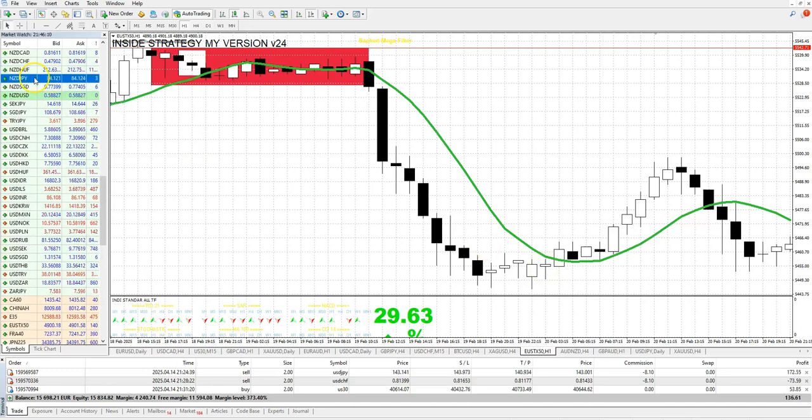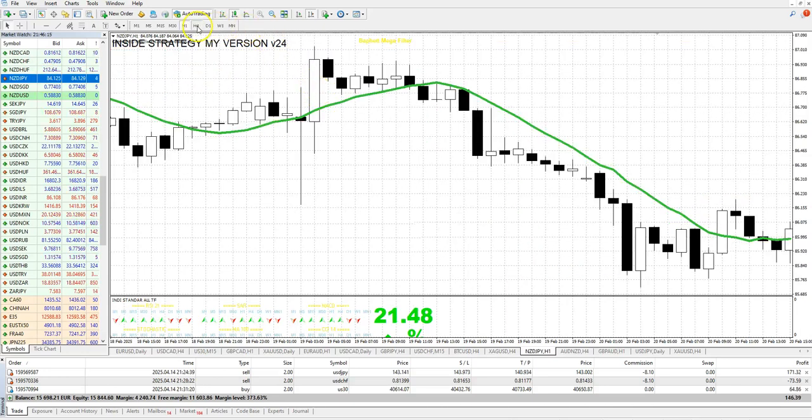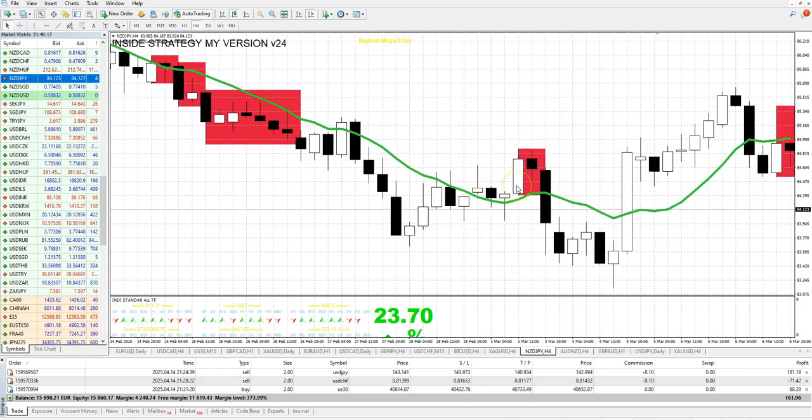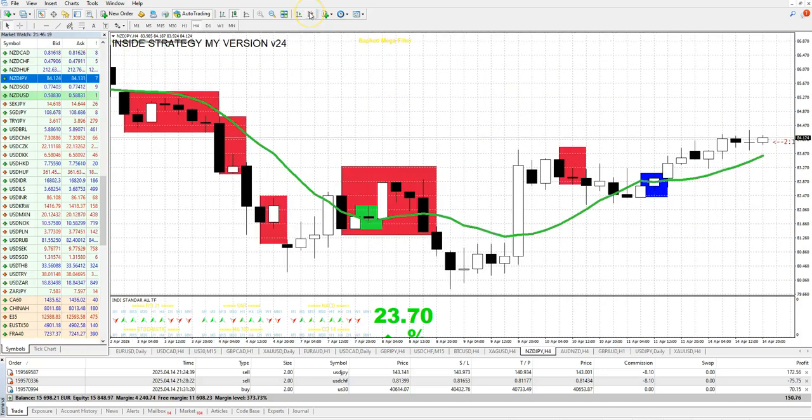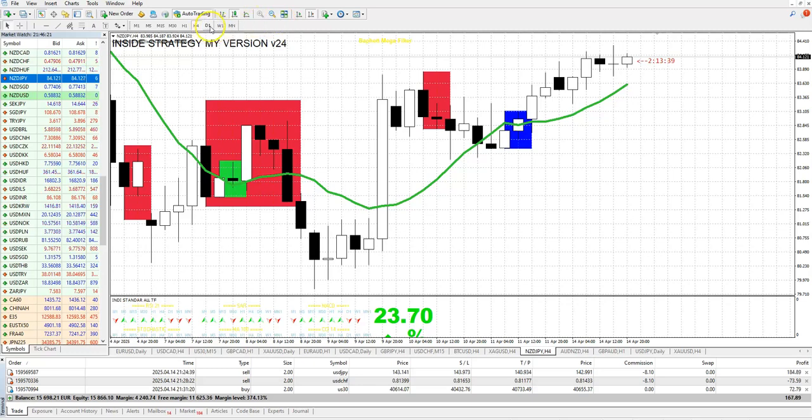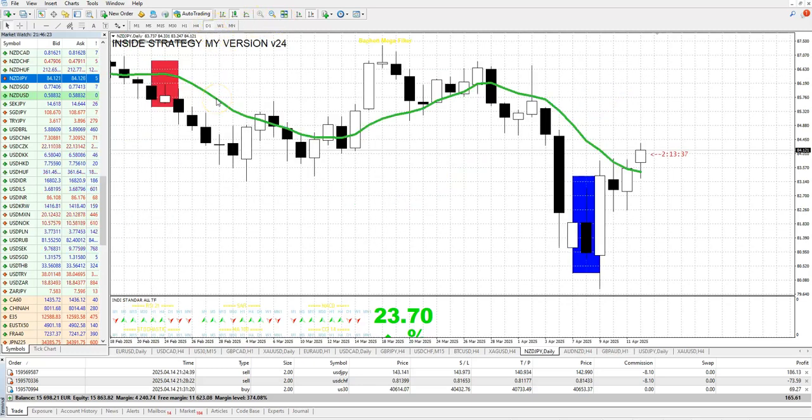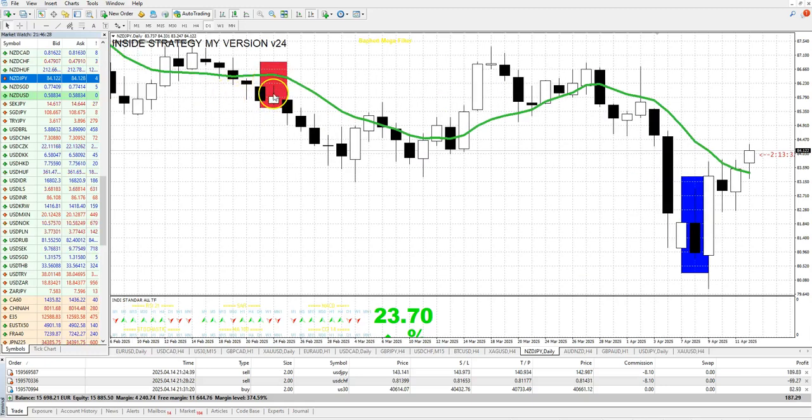So New Zealand JPY, on daily chart. This was okay.